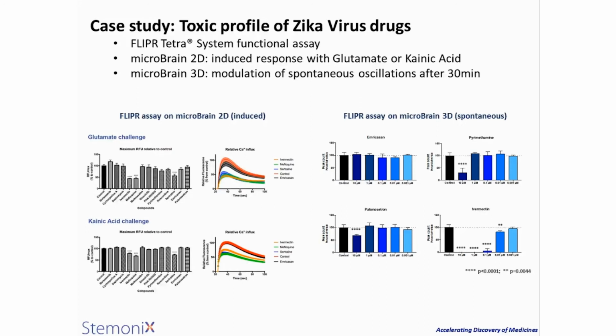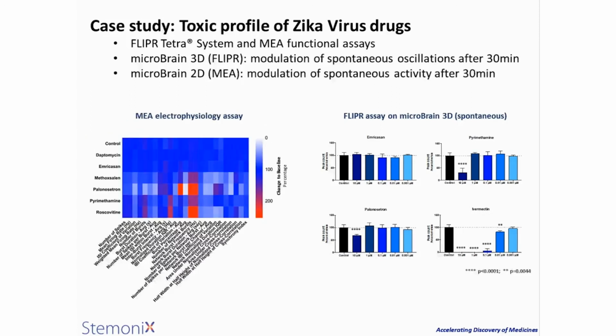Moreover, you also found compounds that were relatively safe, like emricasan, which was highly touted for treatment of Zika virus. Finally, we decided to see if we could measure this difference that we observed on the microBrain 3D using the FLIPR also from an electrophysiology standpoint.